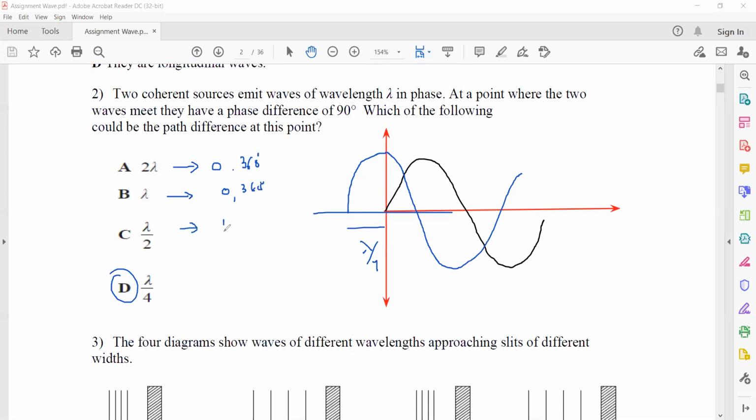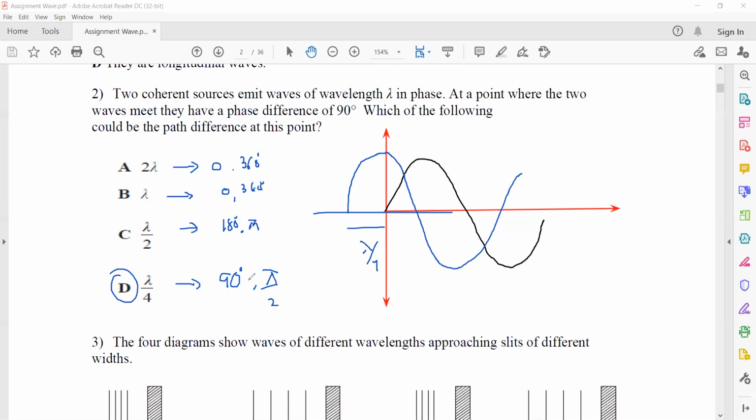Lambda by 2 means a crest joined with a trough, so 180 or pi, and lambda by 4 means 90, or we can say pi by 2.